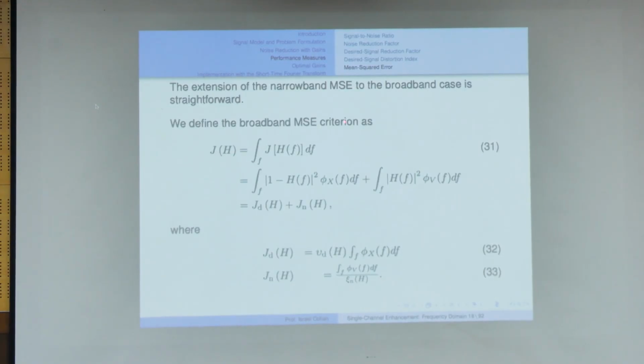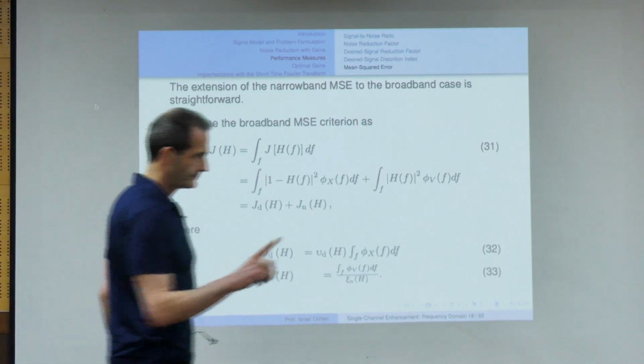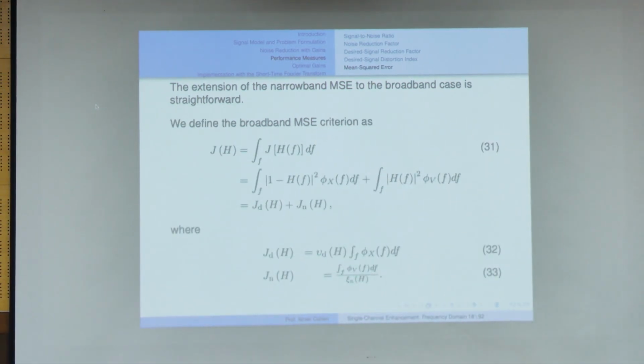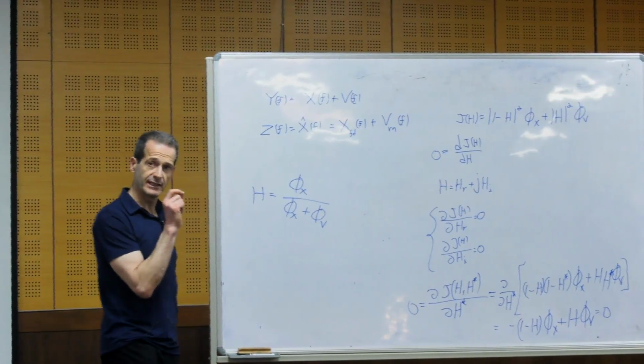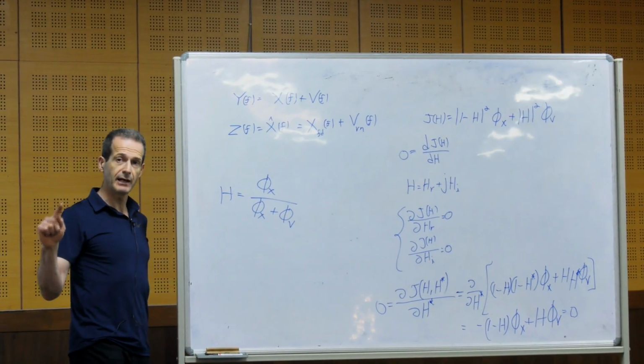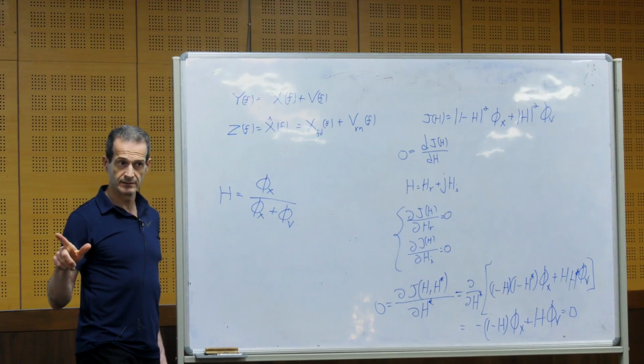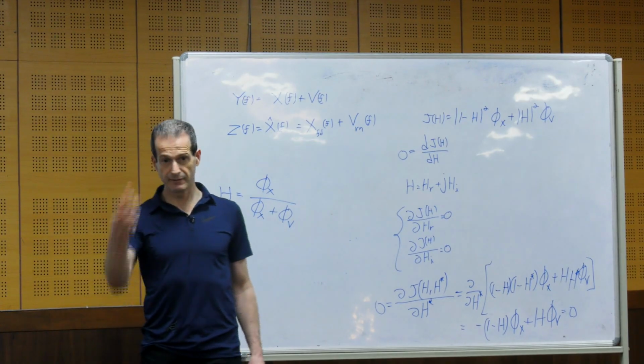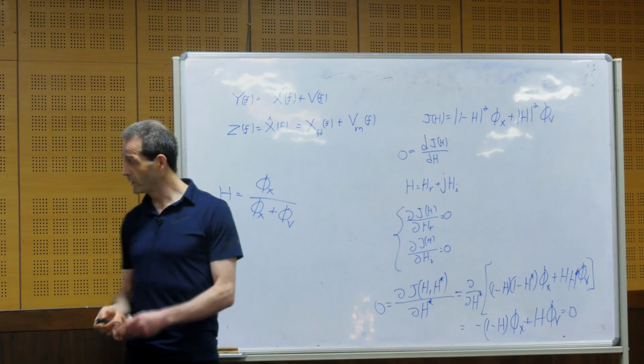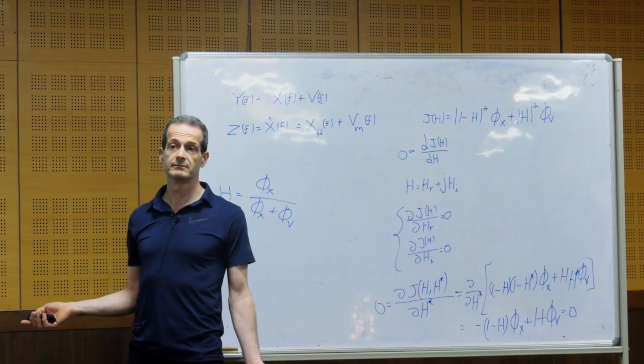So it's the integral of the narrowband MSE. Because for the mean squared error, we find what the mean squared error is for each frequency, and we take the integral over all frequencies. So if we find h for each frequency independently that minimizes the narrowband MSE, necessarily the vector h that we found will minimize the broadband MSE, obviously, okay?